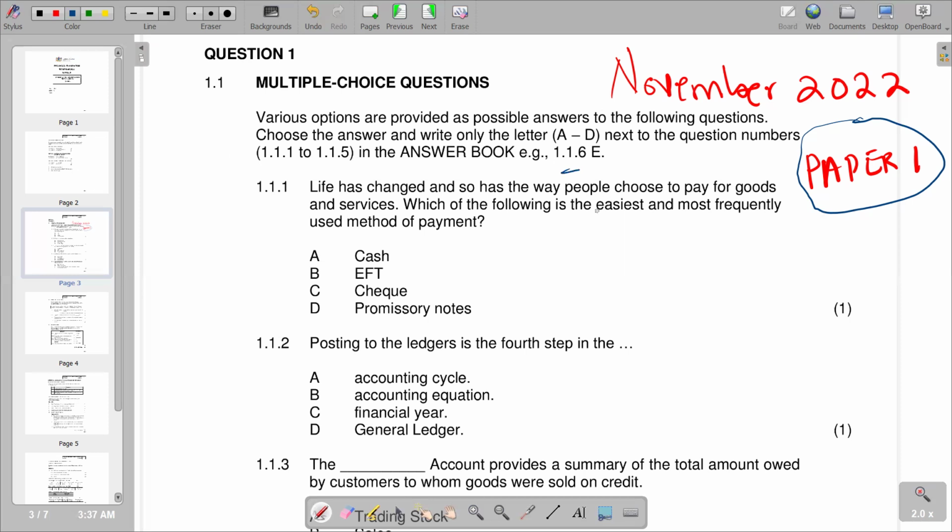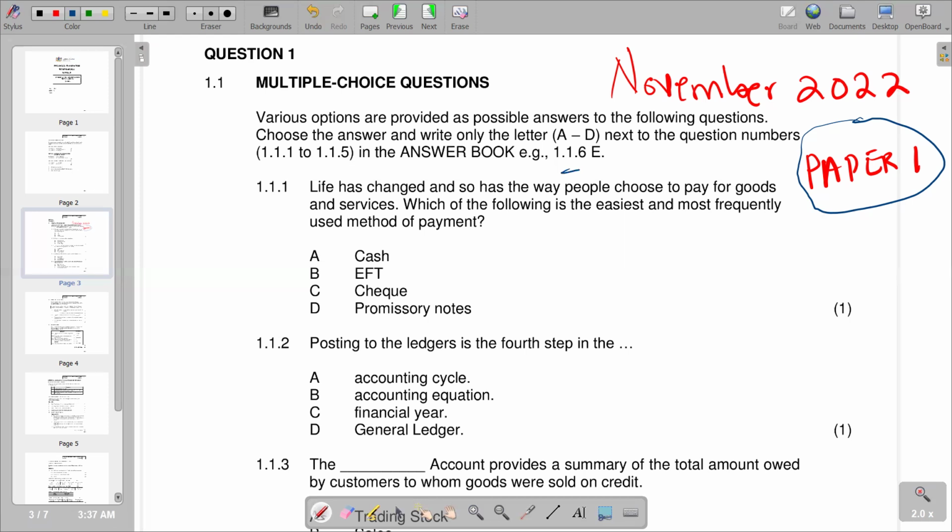And then the first part of the question reads, life has changed, and so has the way people choose to pay for goods and services. Which of the following is the easiest and most efficiently used method of payment? So we know that we are past the age of using cash as a method of payment because of the risks associated with cash. We've got theft, we might lose it. We are no longer using cash.